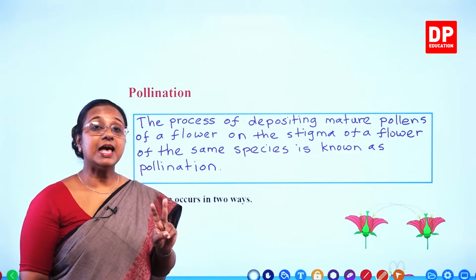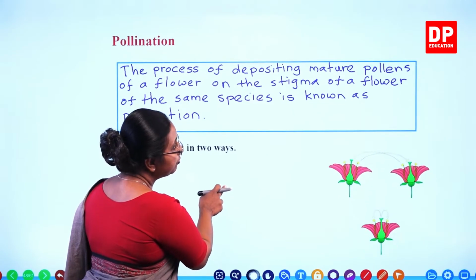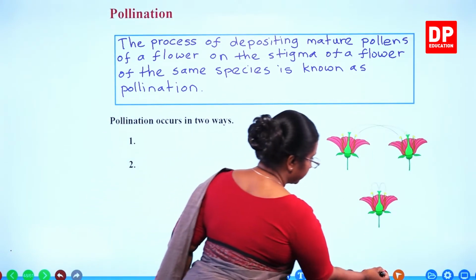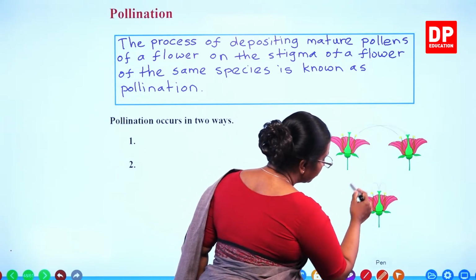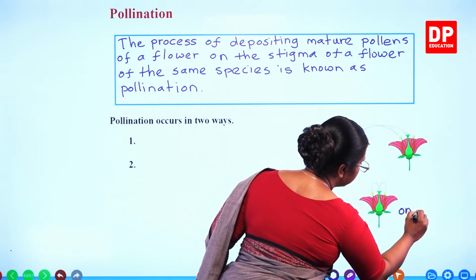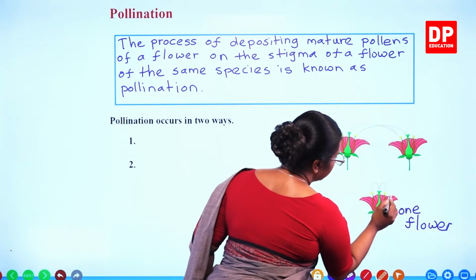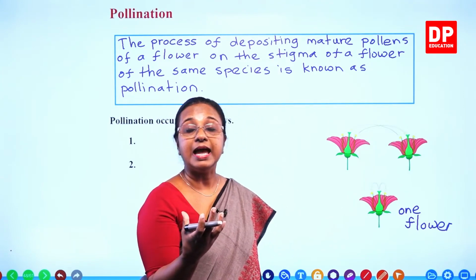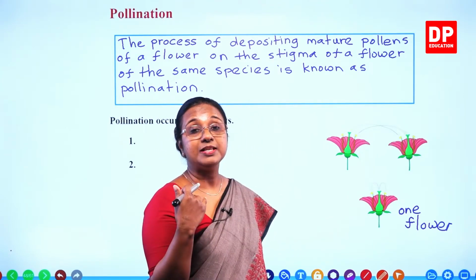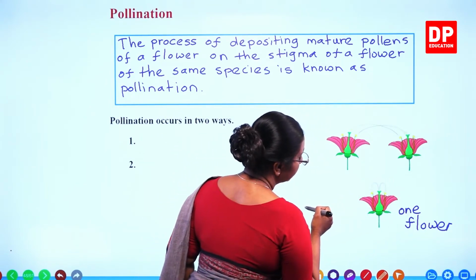Now, this can happen in two ways. If you look at these two diagrams. Now, here look at this diagram first. There is only one flower. So, the pollens are matured. They come out of the anther from inside the pollen sacs and they will fall on the stigma.